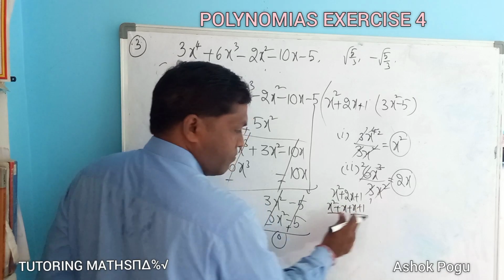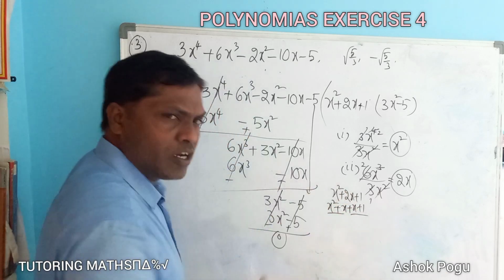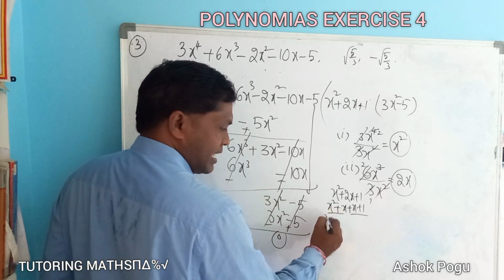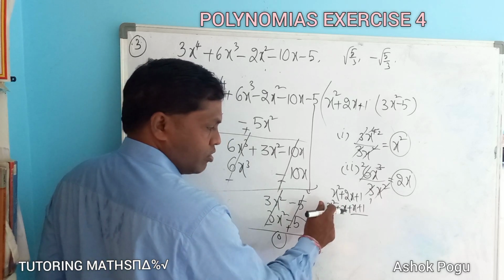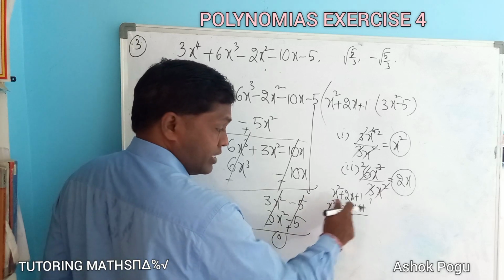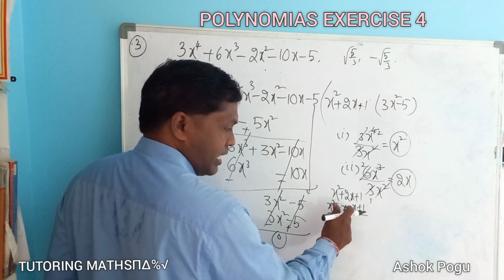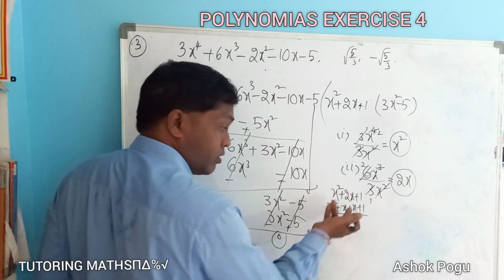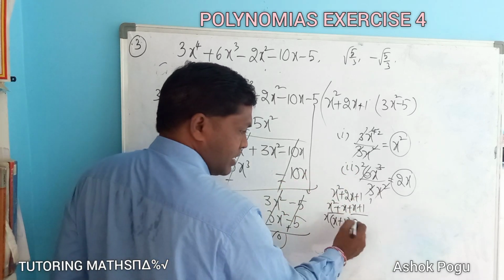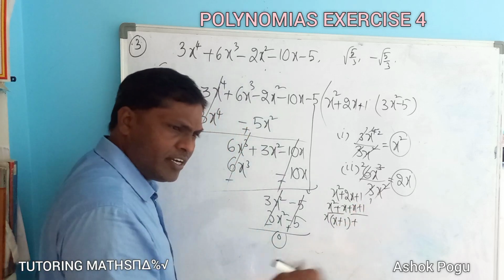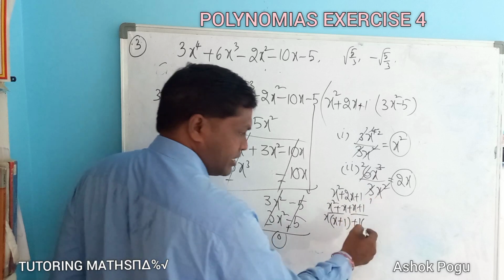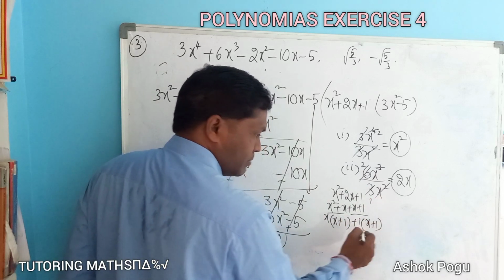And here first group, second group, this model of questions we have already discussed in our previous videos. 1x is common because x is repeated in both the terms. 1x is left and x is taken out. Here no constant or variable is repeated, so 1 is left. Just 1 will be the common factor in such cases, and it becomes x plus 1.